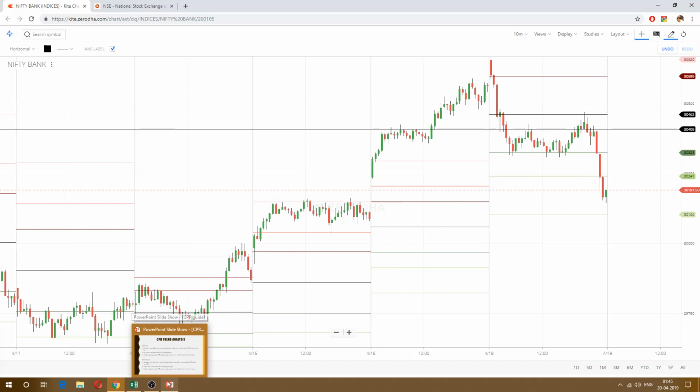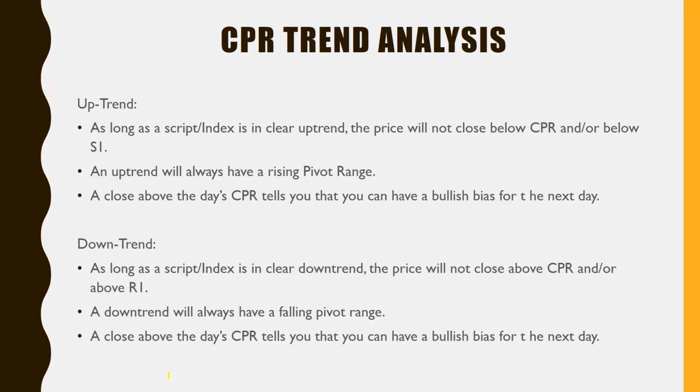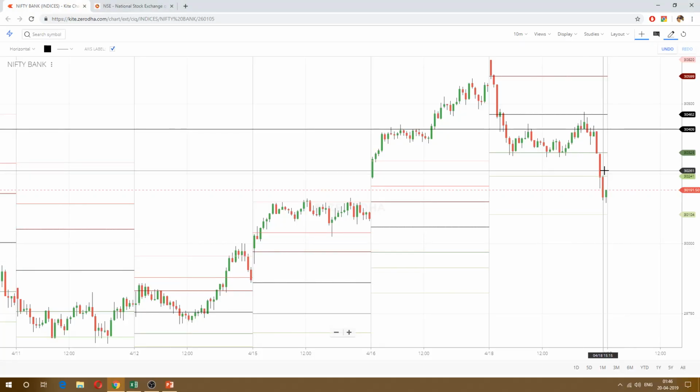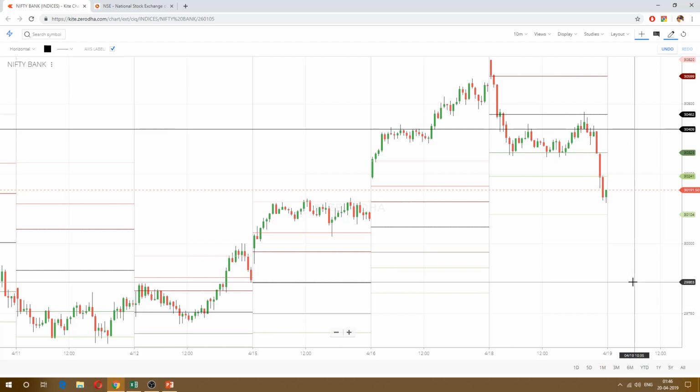Okay, next part is, an uptrend will always have a rising pivot range. For this I'll explain what is happening here. Since a close was below CPR, for bullish or bearish bias, right? Since the price closed below CPR, we should have a bearish bias on Nifty Bank for Monday.